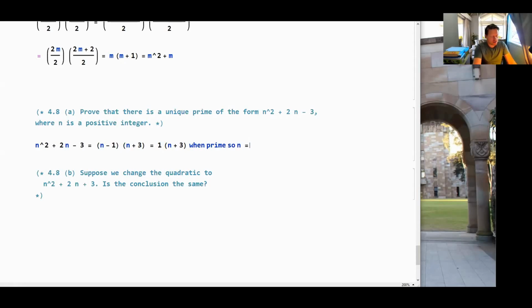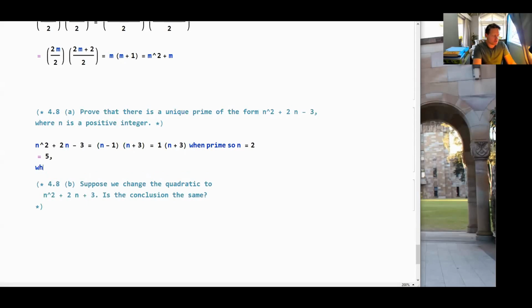Now if n is 2, then this expression is 1 times 2 plus 3, so 5, which is prime. So there exists a prime that comes out of that.